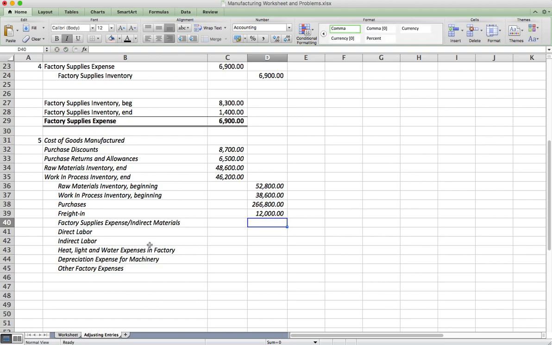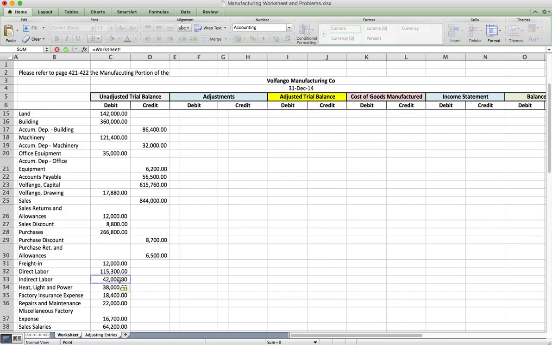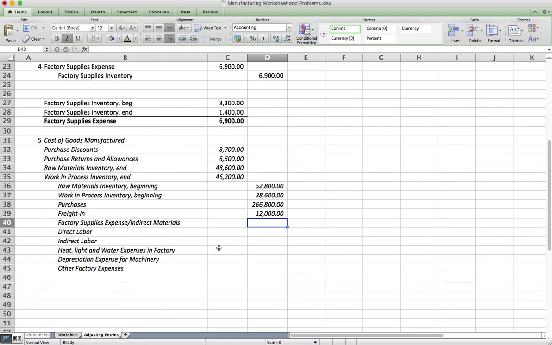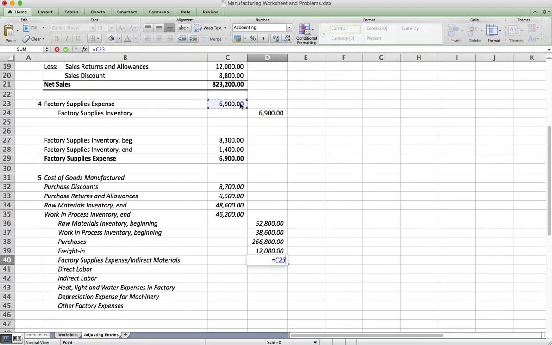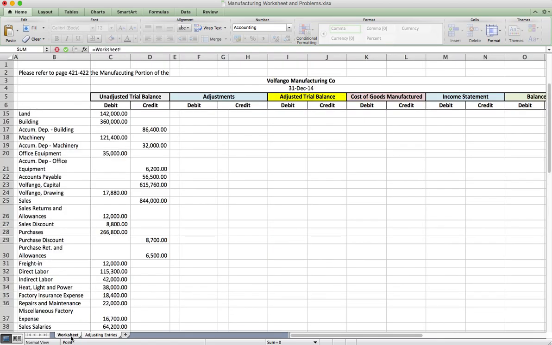Bakit natin factory supplies expense? Kasi indirect material. Up, wala pa dyan. Diba yung factory supplies expense natin ay 6,900. Direct labor. Magkano direct labor natin? 115,300.